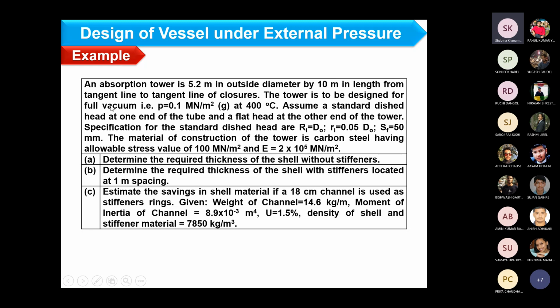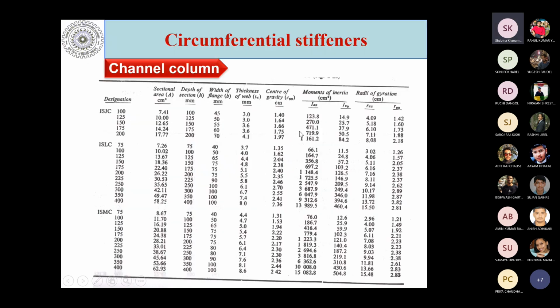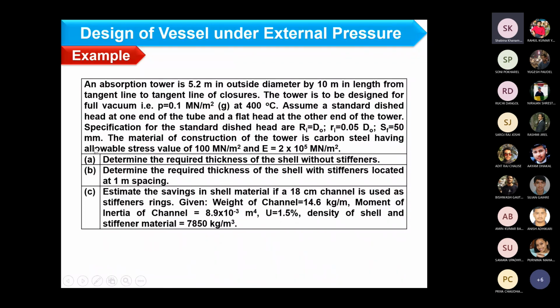Assume a standard dished head at one end of the tower, and a flat head at the other end of the tower. Okay, so the dished head is placed at one end, the flat head at the other.